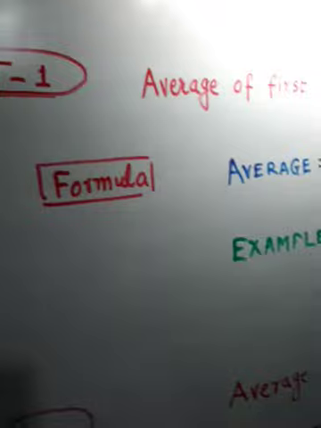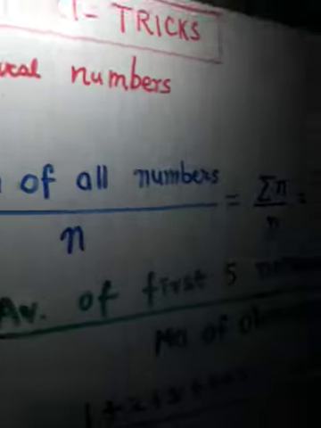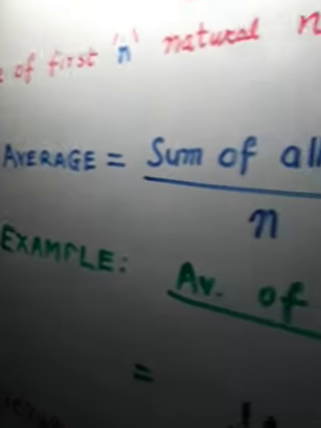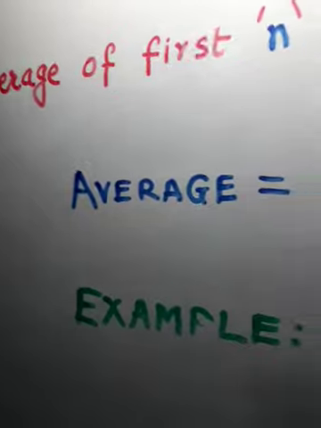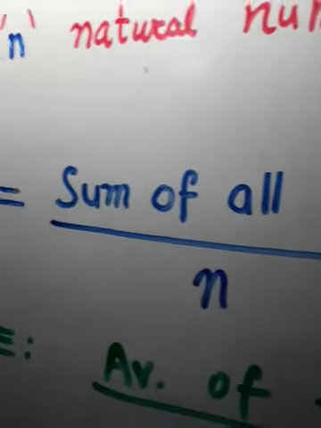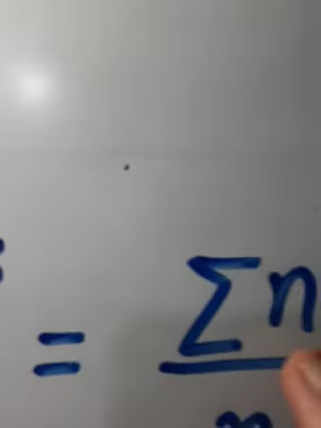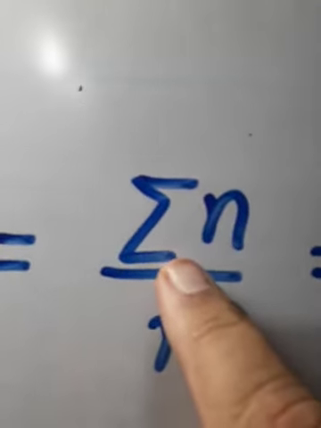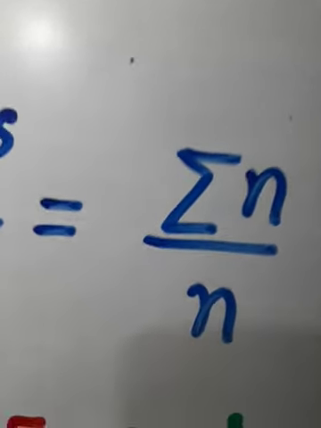And the first trick is the average of first n natural numbers. Now look here, average of first n natural numbers. So you add up. Sigma means sum of all those n natural numbers divided by n.